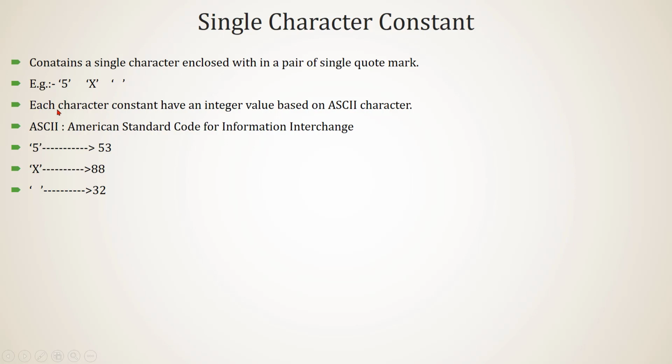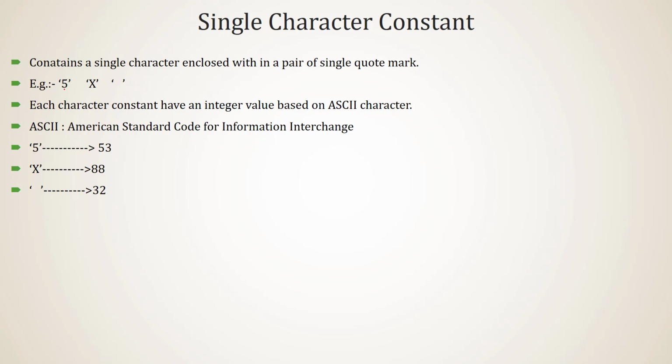One more thing, each character constant has an integer value based on ASCII. ASCII means American Standard Code for Information Interchange. There is an ASCII table, and based on the table, each and every character will have an integer value.